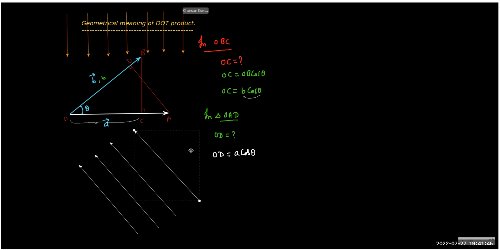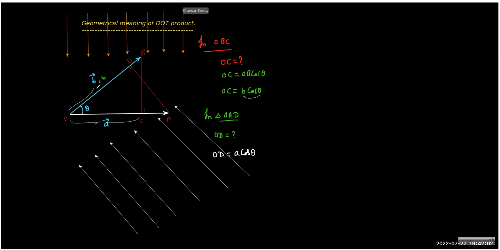can you see the shadow now? So what is the length of shadow now? Tell me, guys. The length of shadow is OD.